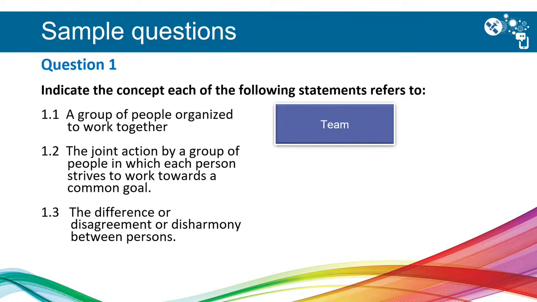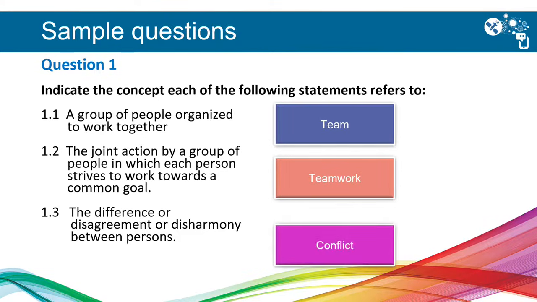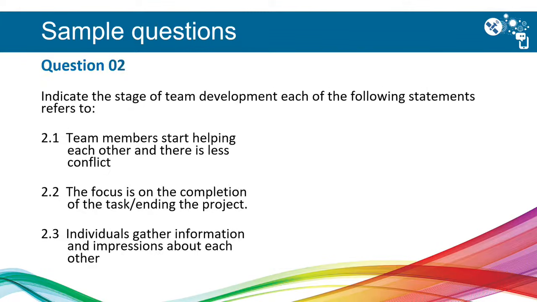Now it's the working part, so that is called teamwork. And the difference or disagreements or disharmony between persons, that we will do a bit later, but that, of course, is called conflict. So you would get that in that summary of all the different concepts that you need to learn.